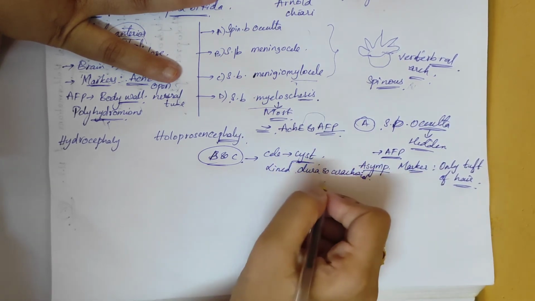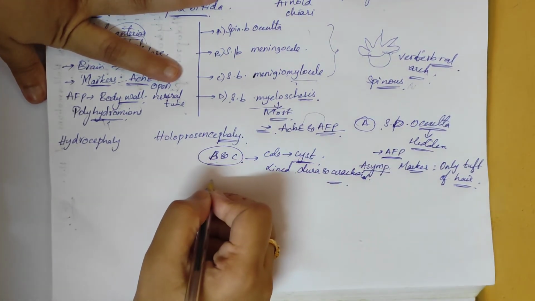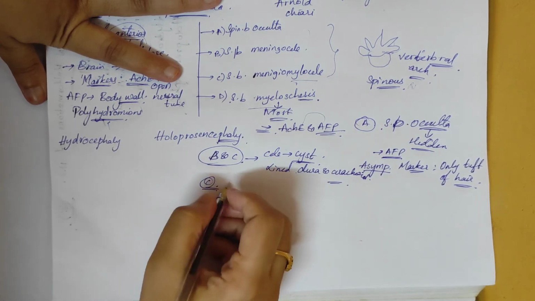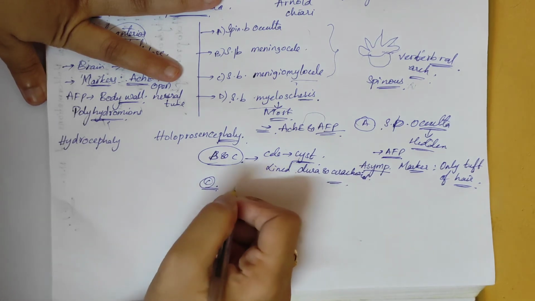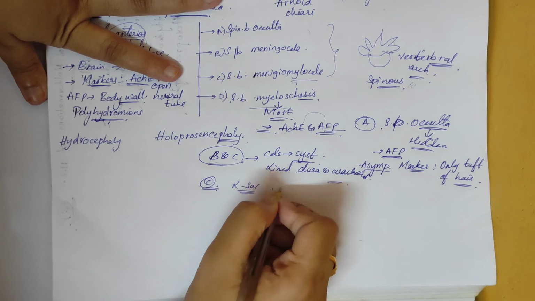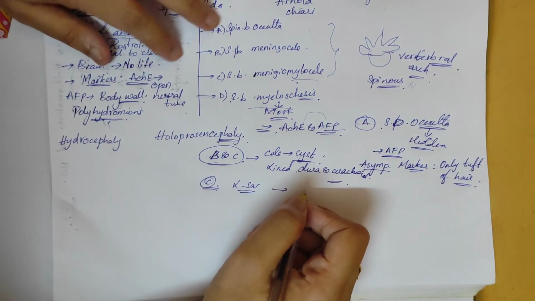So coming to spina bifida meningomyelocele, what happens here? In newborns, this stretches the lumbosacral nerves, so that we can see some sensory loss or weakness here.